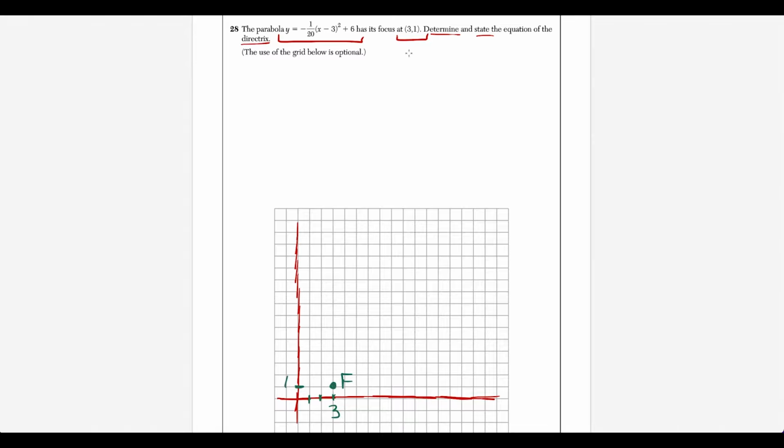But next, what I could do is I could use this idea that in general you have y equals a times x minus h squared plus k. This is the vertex form of a quadratic, and notice that our parabola y equals this quadratic equation is in vertex form. So here we could see that the vertex of this is going to be located at the point 3, 6.